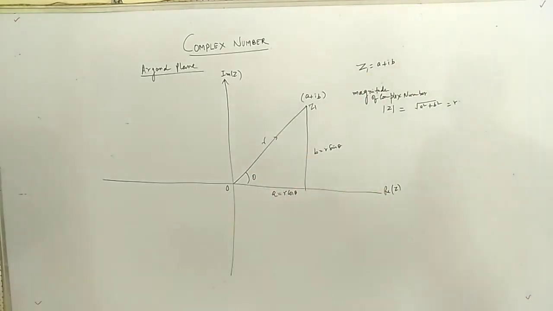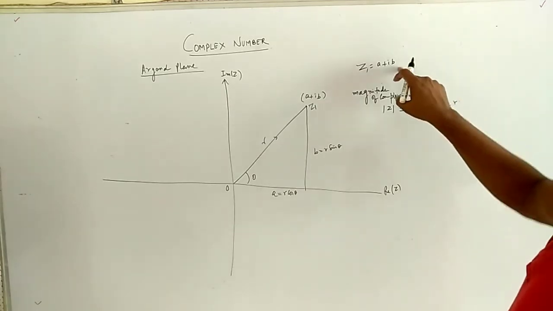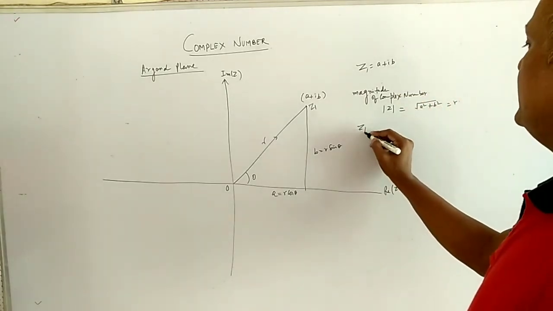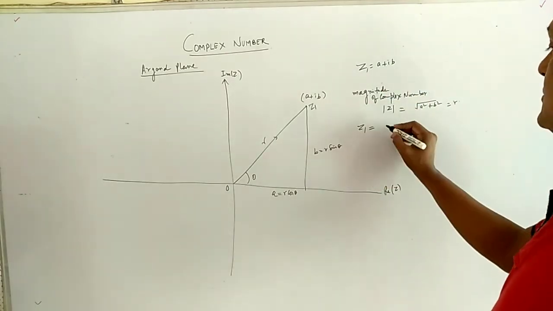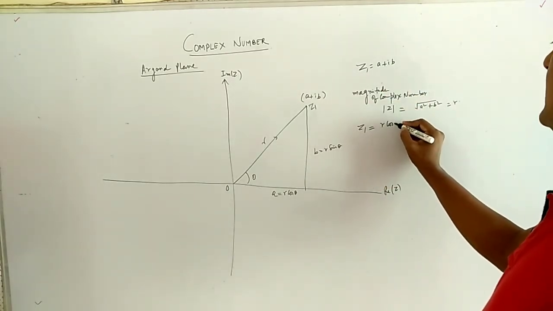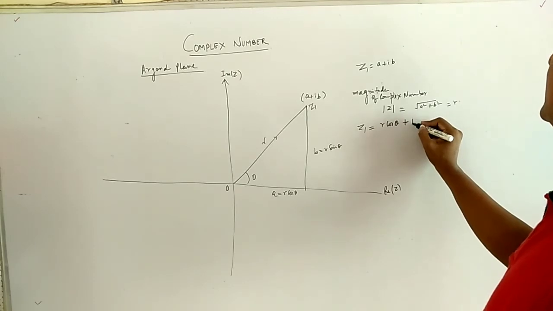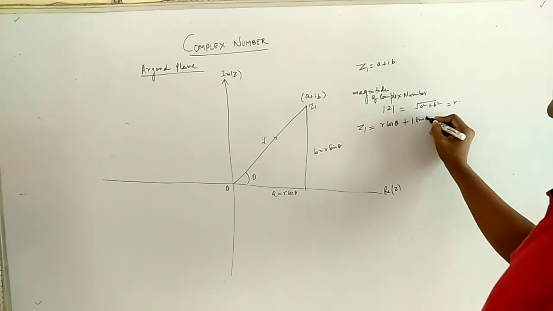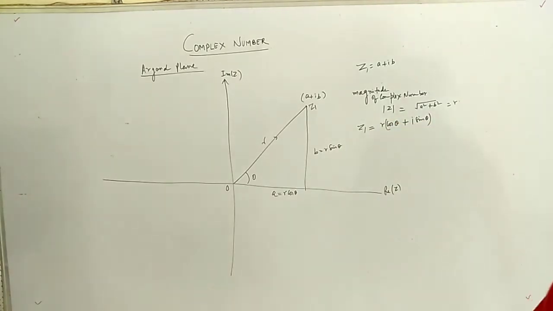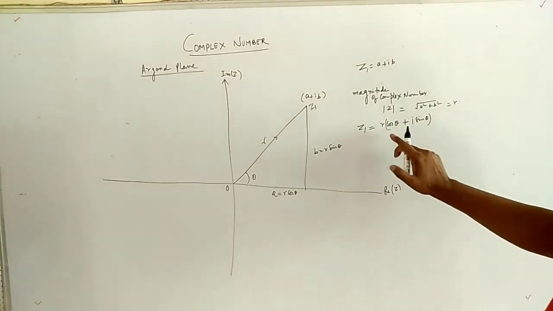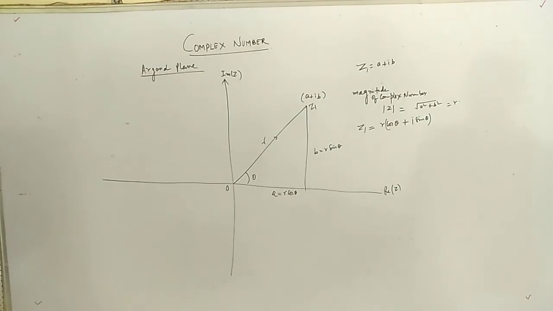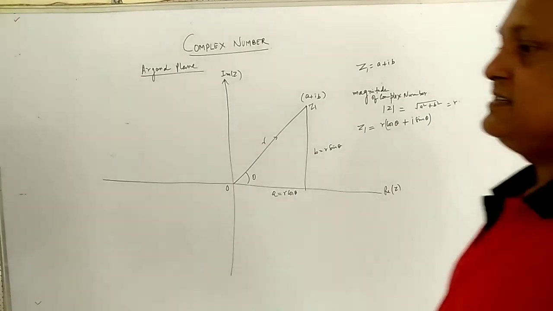So now this complex number z1 can also be written as r cos theta plus i sin theta. Here also you need r, so better I provide a bracket. A complex number z1 can also be written as r times cos theta plus i sin theta.